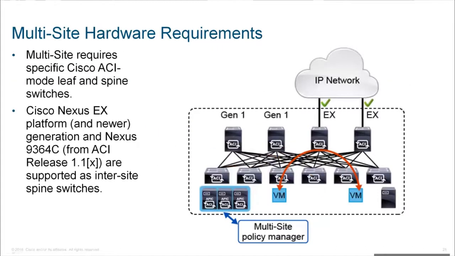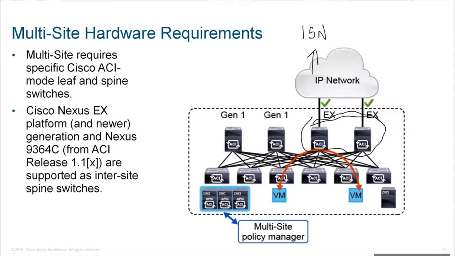So that shows you that multi-site requires ACI mode leaf and spine switches. The spine switches connect to a generic IP network, which is also known as the inter-site network, just like the generic IP network between the pods is known as the IPN, inter-pod network.